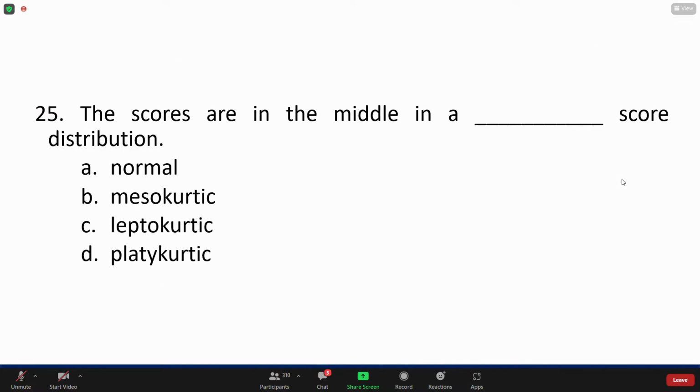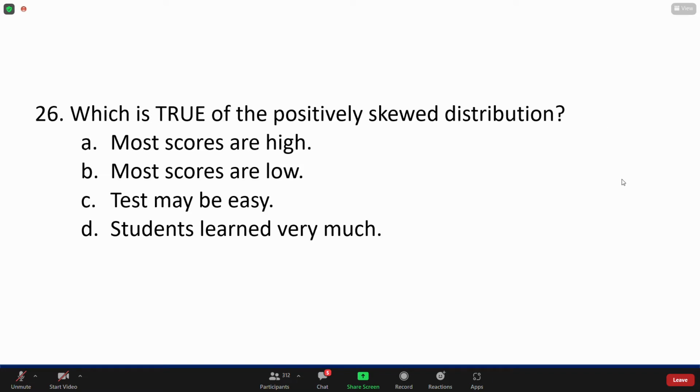25. The scores are in the middle in a blank score distribution. A, normal. B, mesokurtic. C, leptokurtic. D, platykurtic. 26.